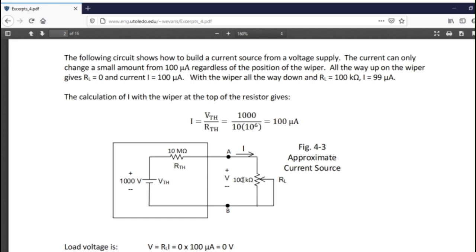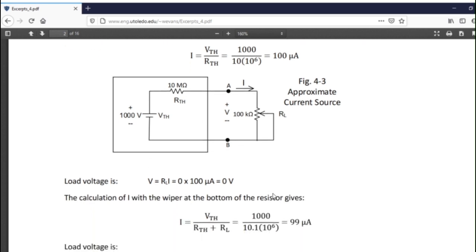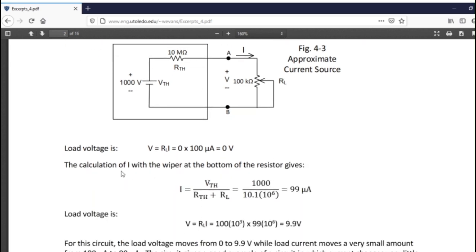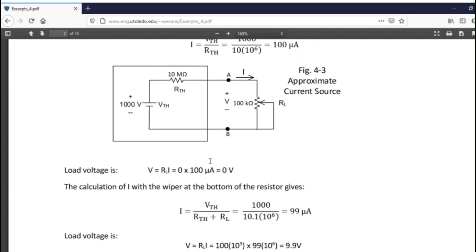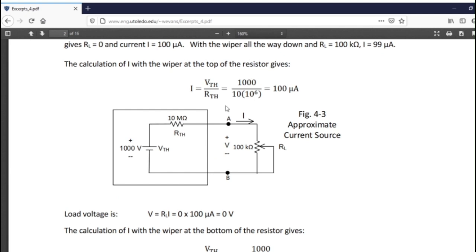So basically it's this: if this is 100 times smaller than this resistor, then you can say this acts like a current source. And I'm going to show you the example here. In this example, with the wiper at the top, you get 0 resistance. So in that case, R Thevenin is the 100 meg, 10 times 10 to the 6th, and the voltage is 1,000 volts.